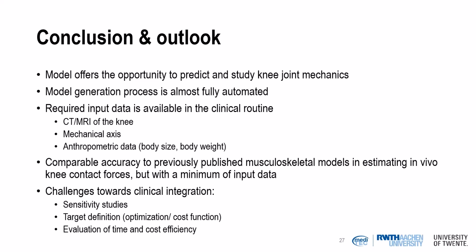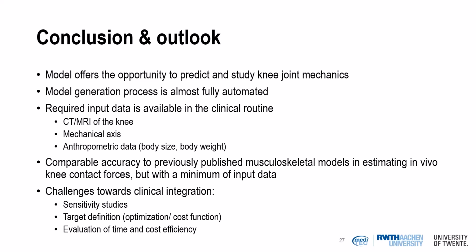Keeping the results in mind I just showed, I think we can state that we were able to predict in vivo knee joint forces in a similar accuracy as previously in literature, but just with a minimum of input data.